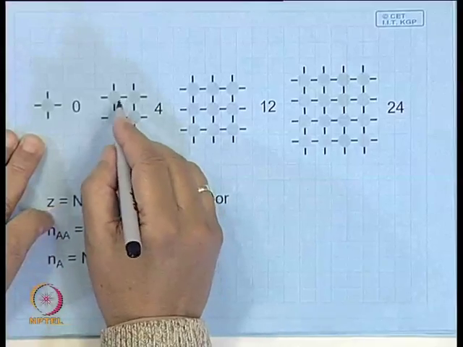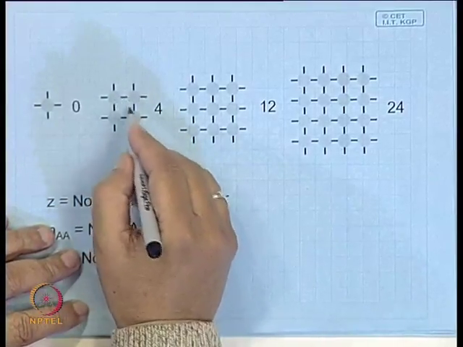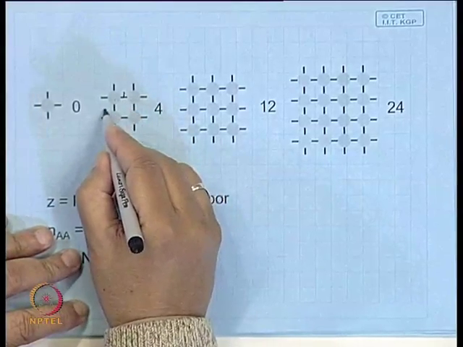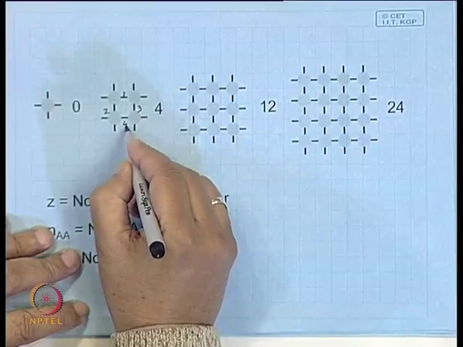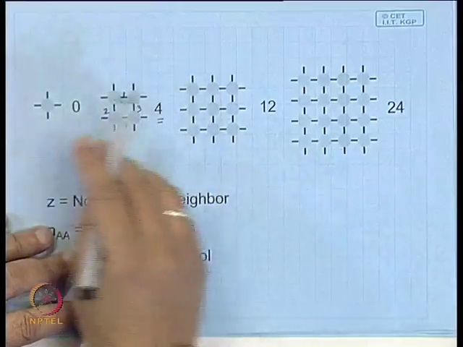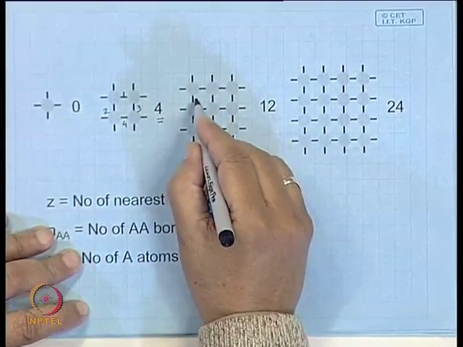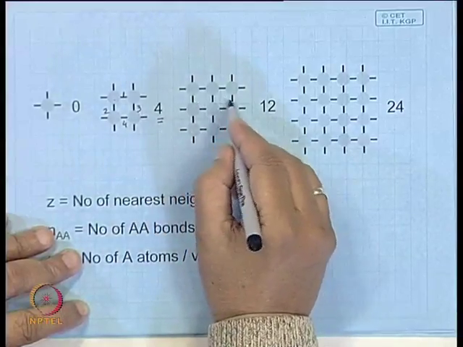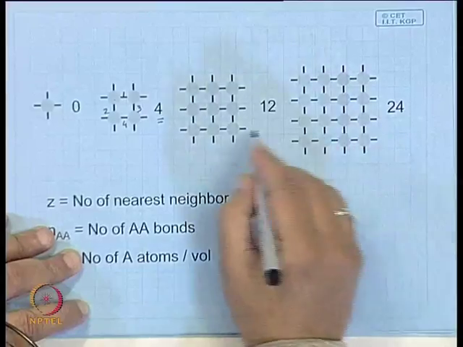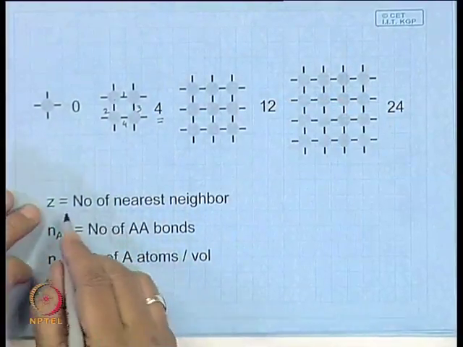Now, if a bond forms with a similar atom, a few of these bonds form. Here the number of bonds is 1, 2, 3, 4, and these are yet to form bonds. But if you go on adding more and more atoms, you will find that the number of these bonds increases, much more than the bonds which are free.